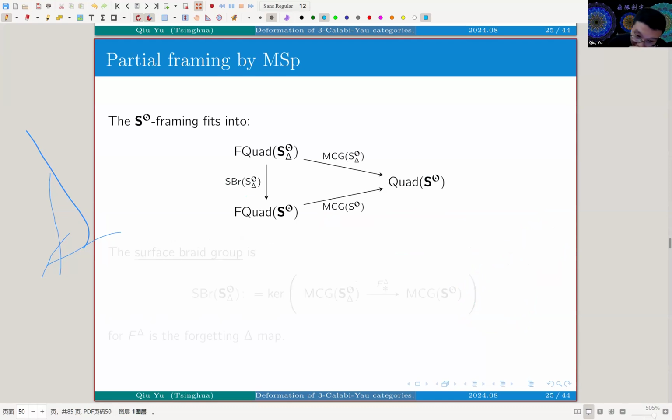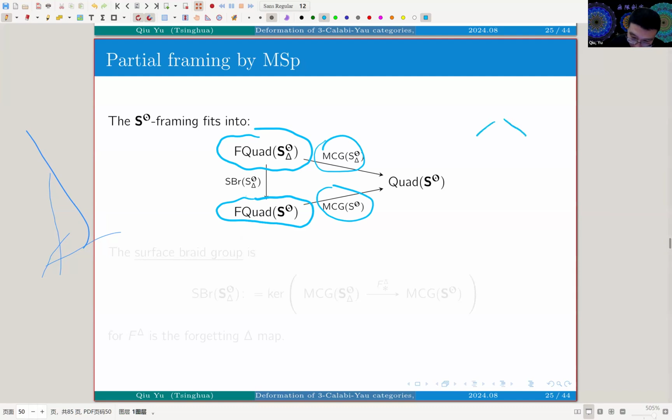So in this case, we can use all the symmetry of this surface with decoration to do the framing, or we can just use the marked surface without this decoration. The difference between these two is the symmetry difference between whether you forget about the decoration or not. Basically, you can either consider the symmetry group for the pentagon with 3 decorations, or you can consider the symmetry of the pentagon.